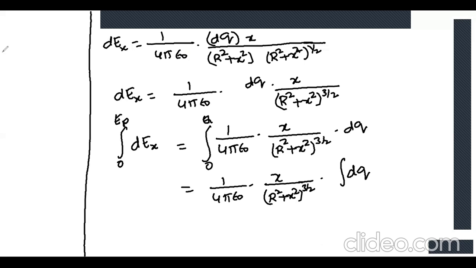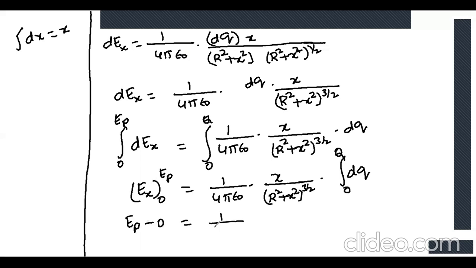In general, integral dx is x, similarly integral dq is q, between 0 and Q. Substitute final value minus initial value, that is Q minus 0.